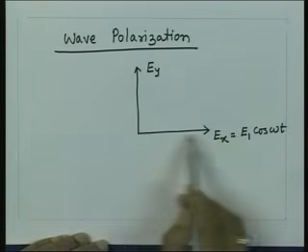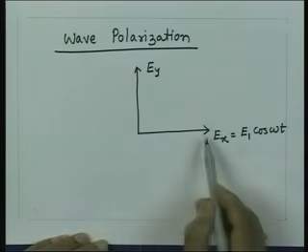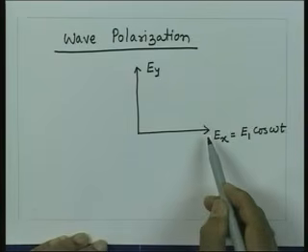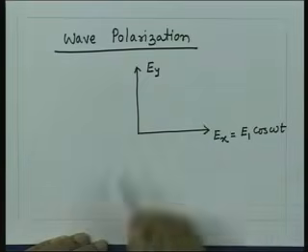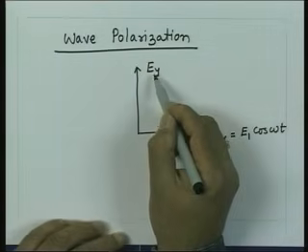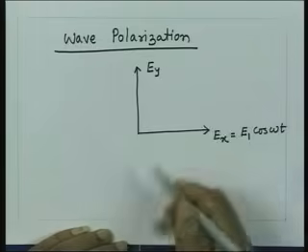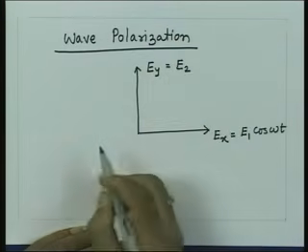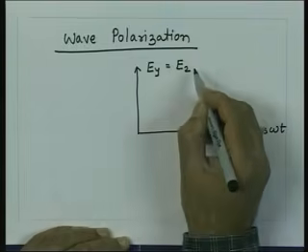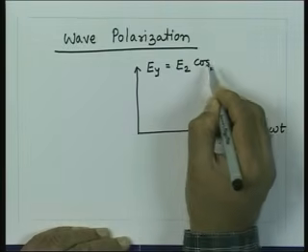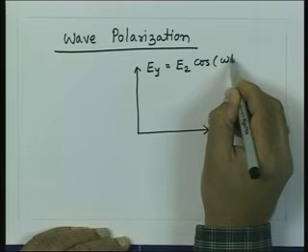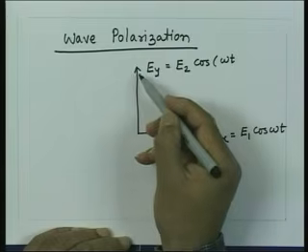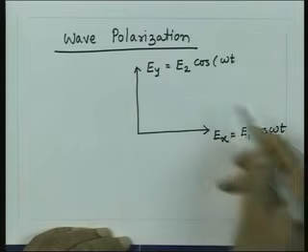So, if I treat it like an arrow, the tip of the arrow will be oscillating like this as a function of time. Similarly, I can take this electric field which is y oriented and let us say it has a magnitude E2. Frequency is the same omega t, but it is possible that it might have a phase difference in time with respect to this field.